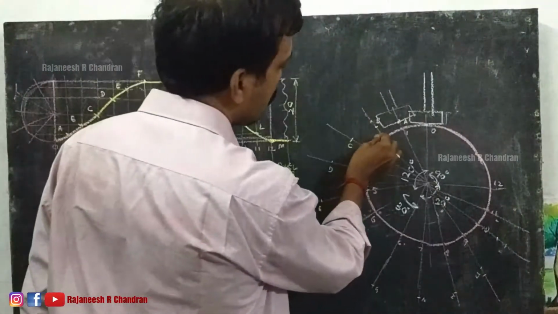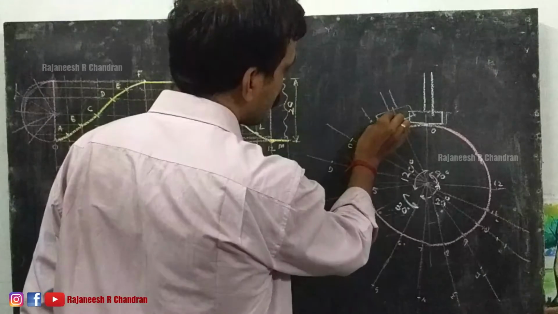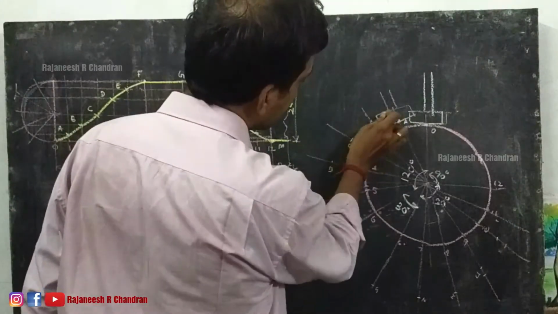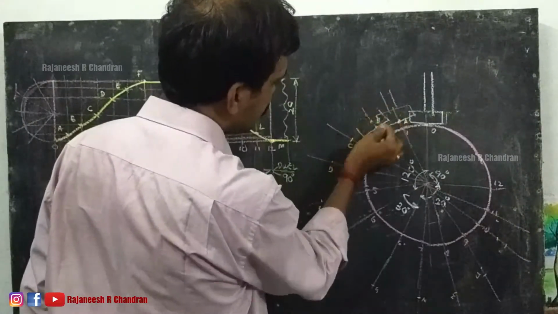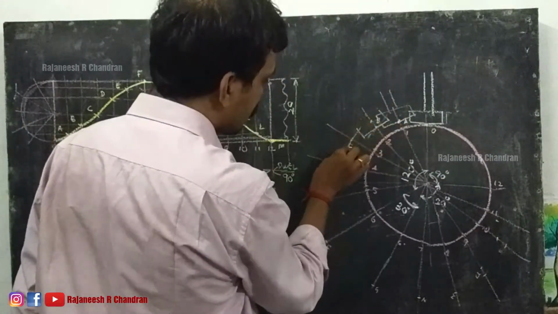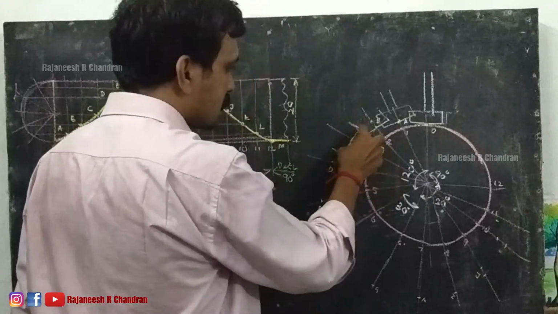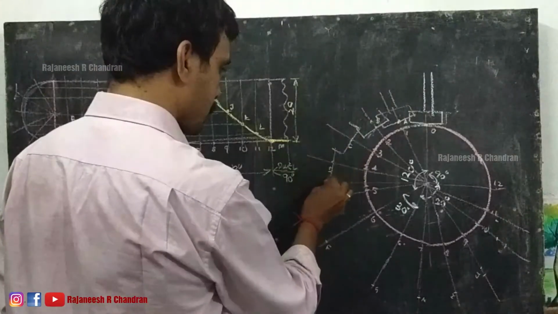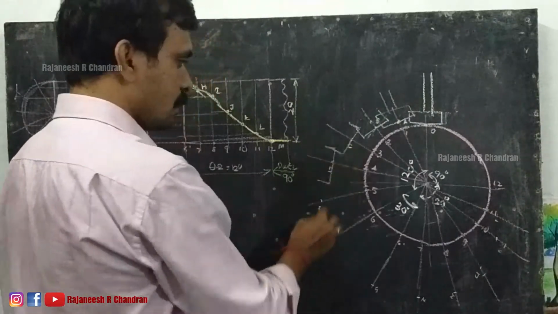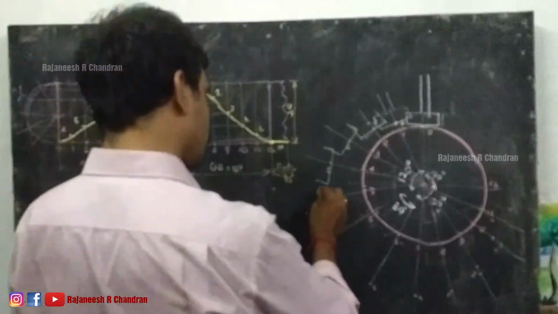Similarly, you can mark the follower through every point, and it will be perpendicular to this line, like this, like this. This distance should be equal to this distance. Only this much line is enough.